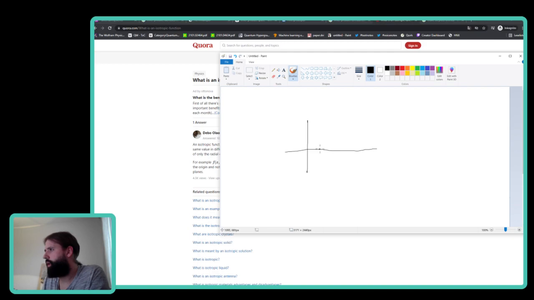Because the value is going to depend on that, so it can be here, can be there, so it can be whatever, right? Probably what it means in this case is that it's going to be symmetric, right? Because the distance to the origin is the same for this point and this point. Let's say this is +1, this is -1, so that's what it means in that specific case.